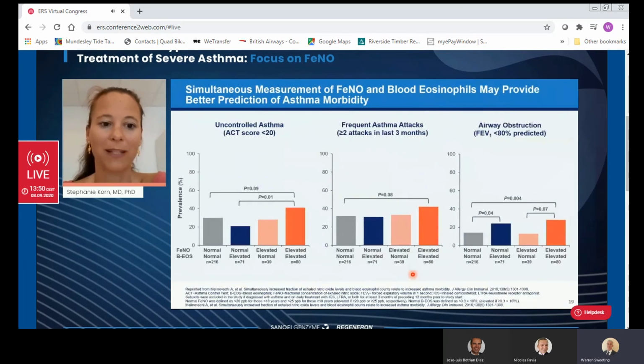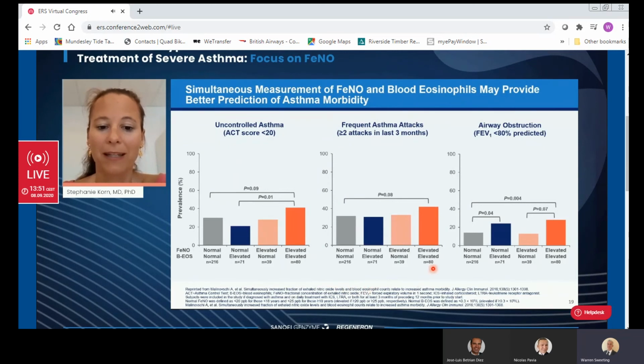And on the next slide, we can see that if we look at different parameters, for example, patients with uncontrolled asthma exacerbations or patients with a low FEV1 airway obstruction, FEV1 below 80%, you can see that FeNO is one value that helps you to identify these patients that are at risk, and adding the next biomarker, for example, blood eosinophils, even improves the predictive value of these parameters.